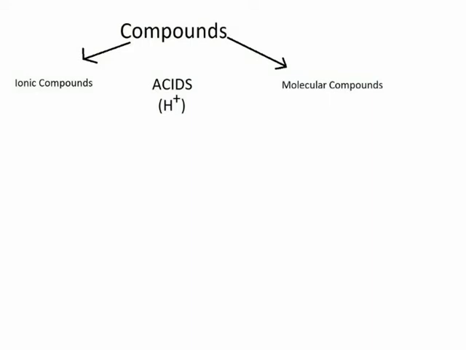A hydrogen cation is different. When you take away an electron from a hydrogen atom, there is nothing left but the nucleus. And the nucleus is 1/10,000th the diameter of the atom. So when you take away all the electrons, what you have is simply this small positive nucleus. A hydrogen cation is 1/1000th the size of any other cation.